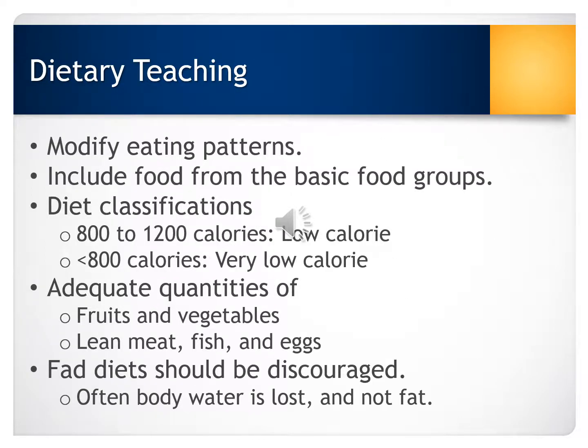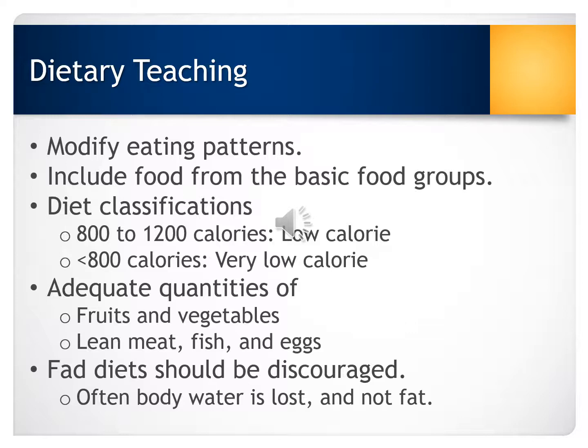Patients need to be taught how to modify their eating patterns. They need to know they should include food from the basic food groups. They may be put on specific calories. 800 to 1200 calories is considered low-calorie diet, and less than 800 is considered very low, but is typically not sustained on a long-term basis.